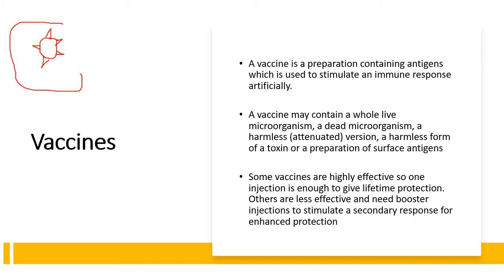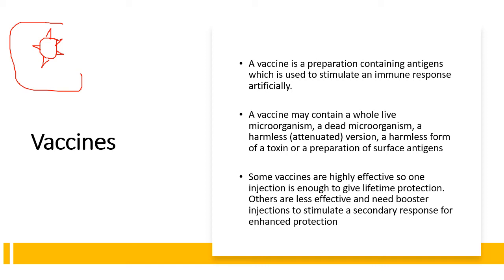And so just by introducing the external region of the virus or the pathogen into the person, the body is still able to recognize what it looks like on the outside, because it doesn't really matter what it looks like on the inside if the outside already results in a very good immune response. You can also have a harmless version, which is an attenuated version, and then you can have a harmless form of a toxin, or you can have a preparation of surface antigens.